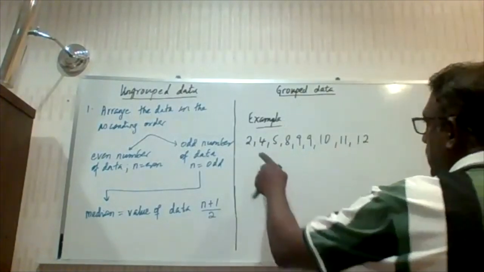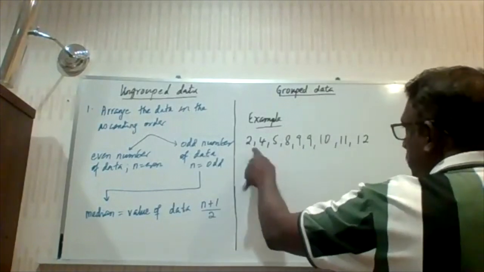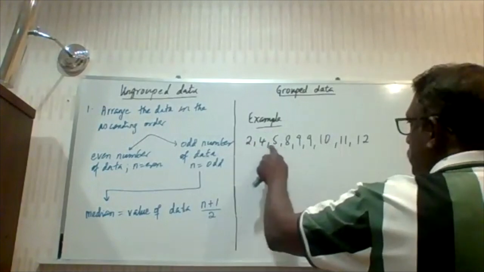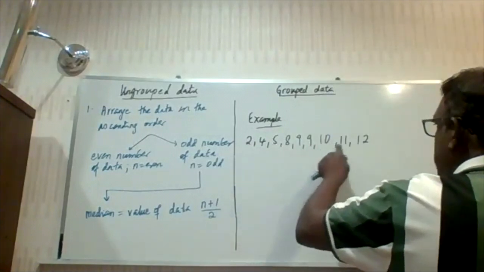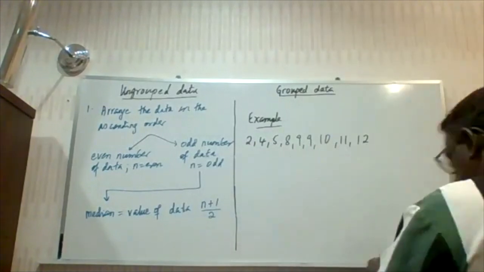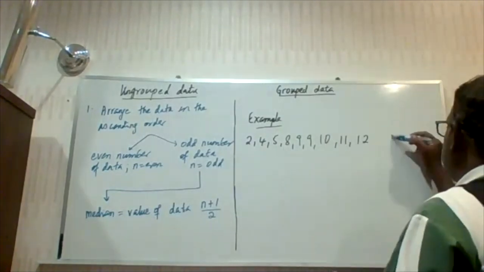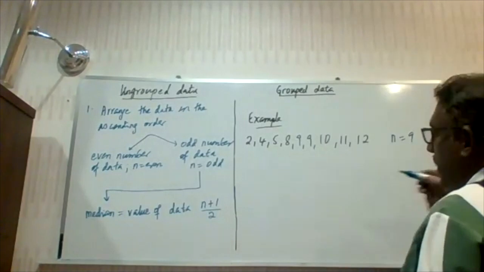So let's see how many data you have here. 1, 2, 3, 4, 5, 6, 7, 8, sorry, 1, 2, 3, 4, 5, 6, 7, 8, 9. So I have 9 data, which means my n is equal to 9. So what is my median?